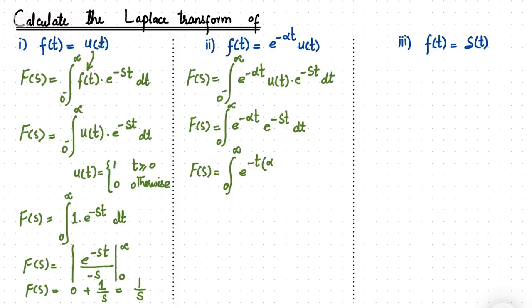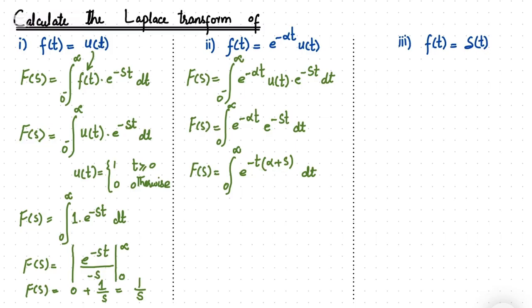Minus t can be taken common, and the rest of the power would be alpha plus s, into dt. When we need to integrate e raised to power something times t, the derivative of that something must exist here.